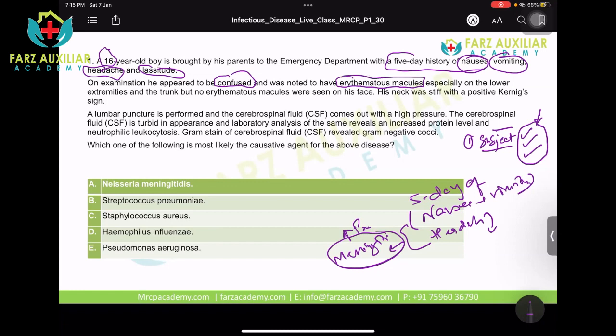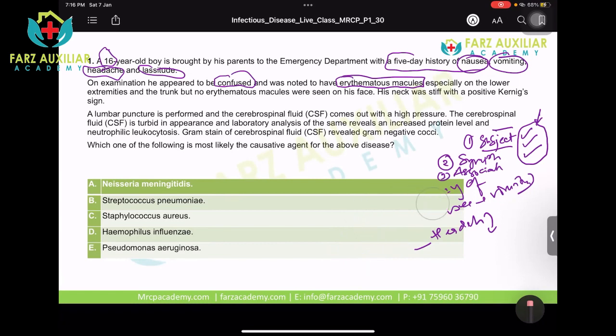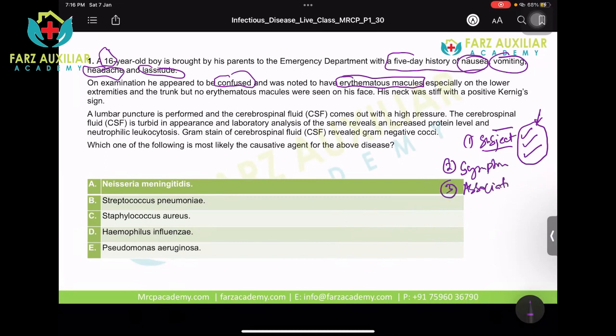So the second will be symptoms, and the third will be an association. This is how you approach these questions. You will have a subject, and a basic disease which they want to ask. They will give you the symptoms of a condition and associate those symptoms with something.